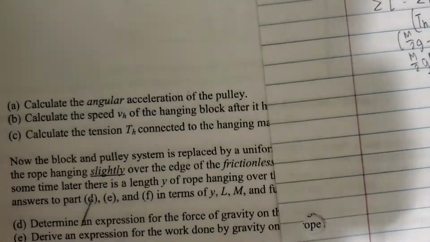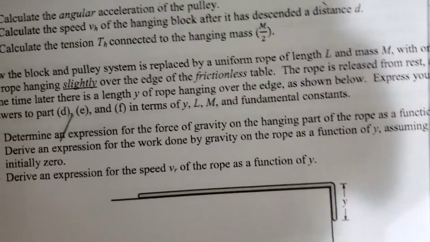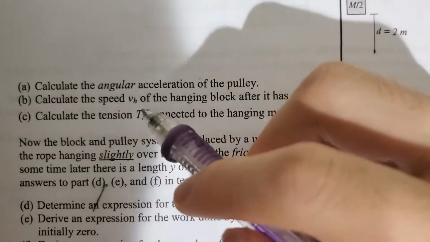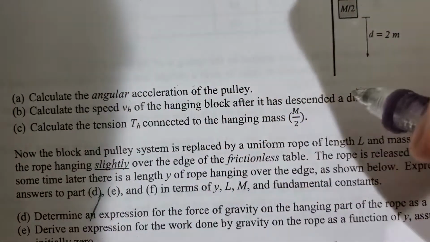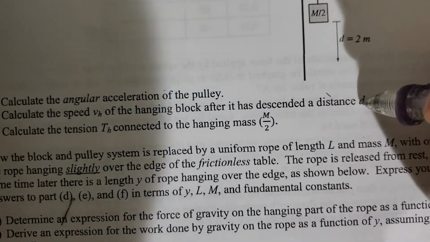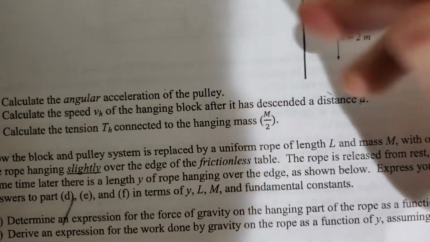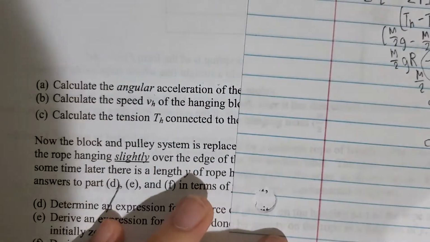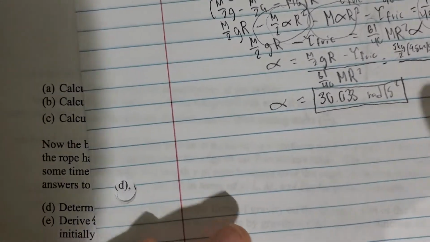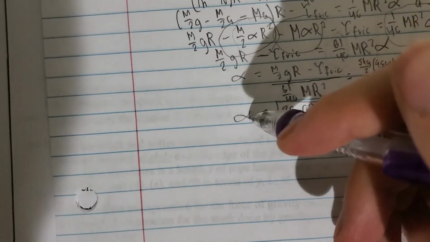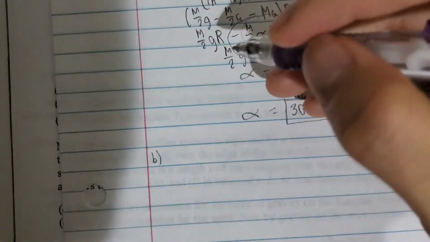Alright, now part B wants me to calculate the speed VH of the hanging block after it has descended a distance of D. So first of all, I'm going to find my acceleration of the block first.